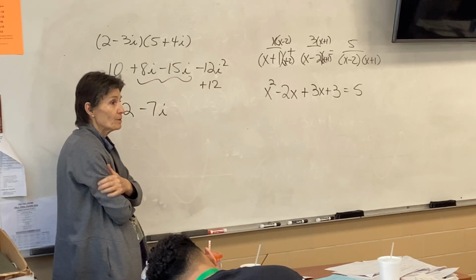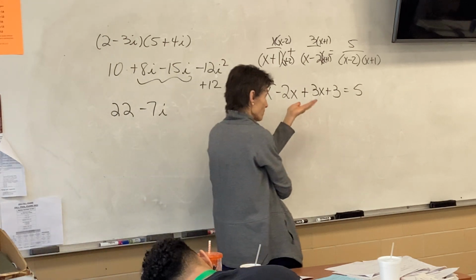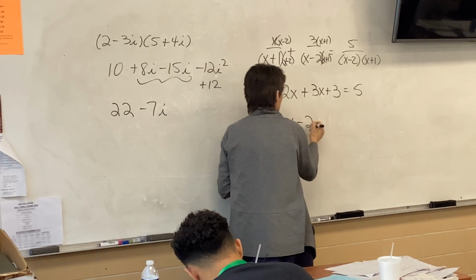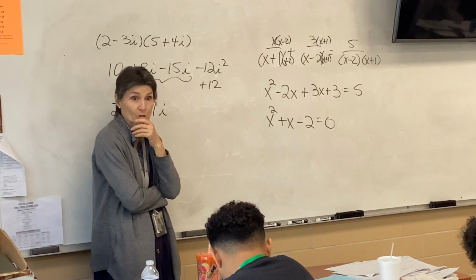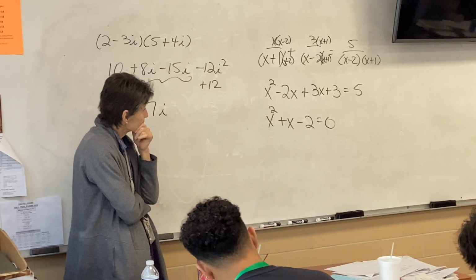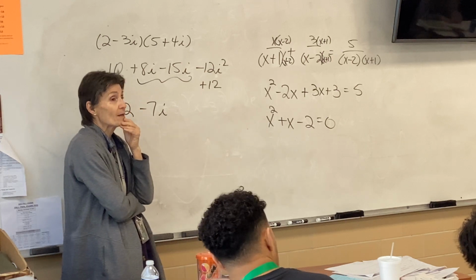Alright, and then what do we do with that? Yeah, and I'm gonna go ahead and move that 5 over because this is a quadratic equation and I'm gonna need it set equal to 0. And then what?